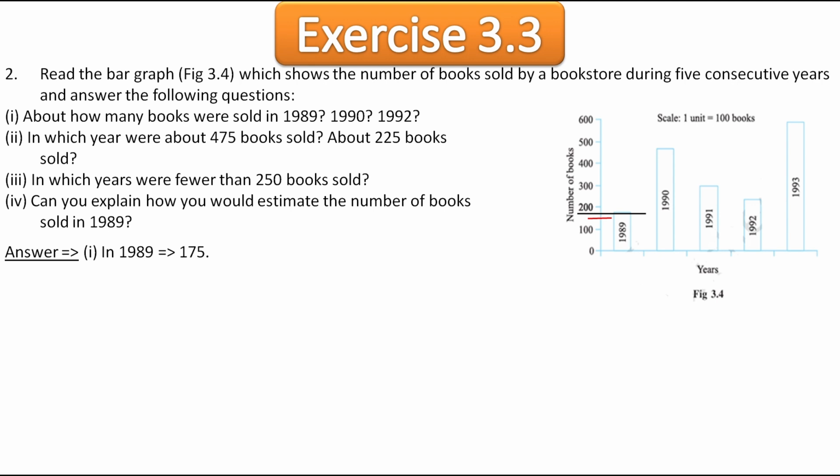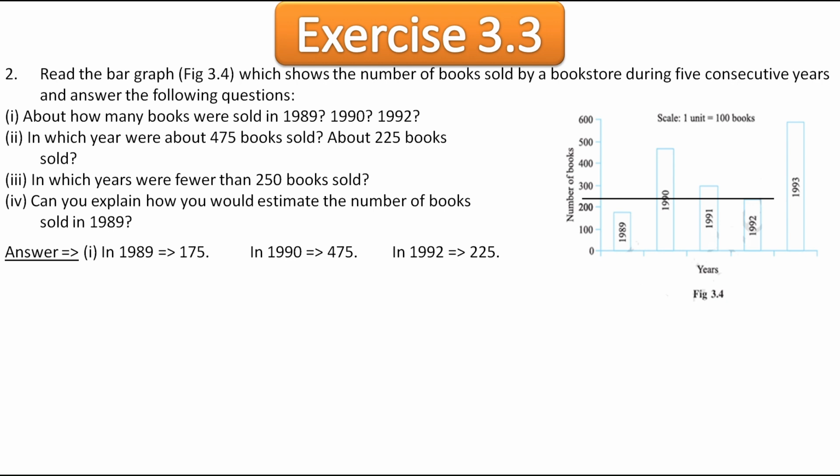Now let's check 1990. It is just about the middle of 400 and 500, so we will say it is 475. For 1992, the bar is just below the middle line of 200 and 300, so I'll assume it as 225.